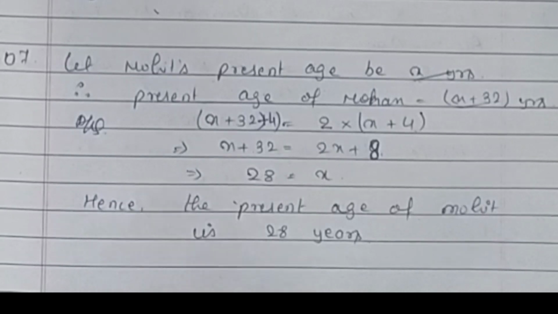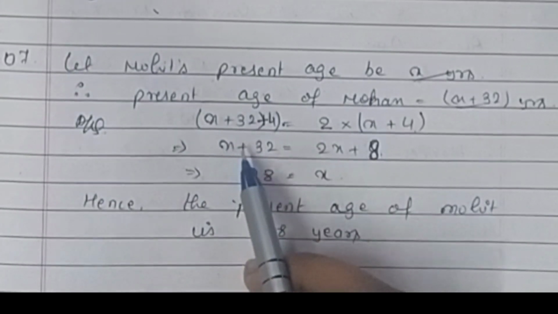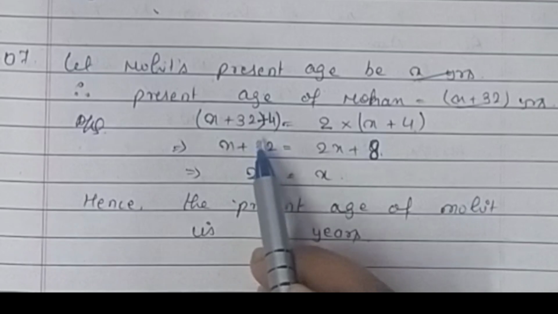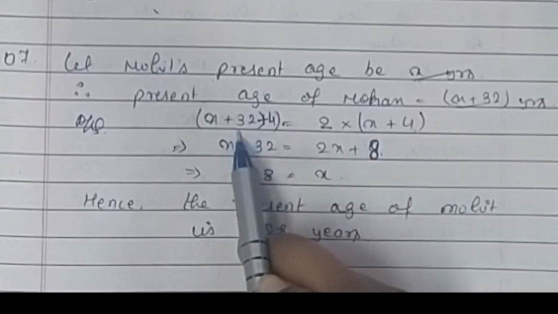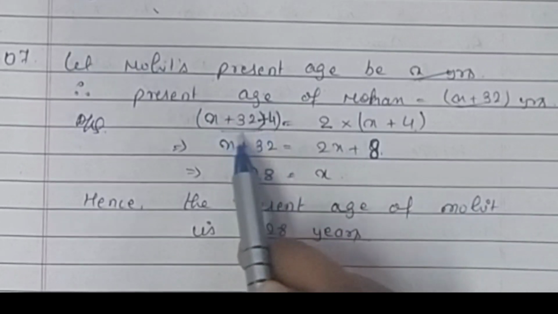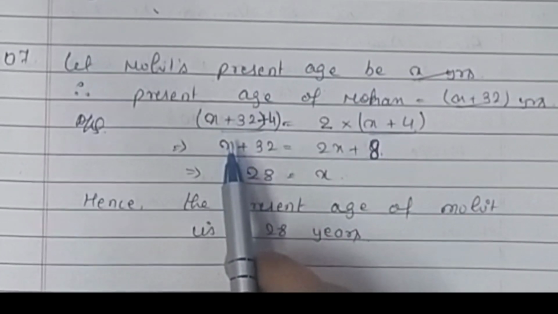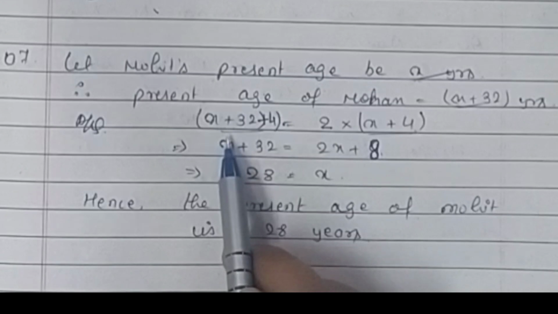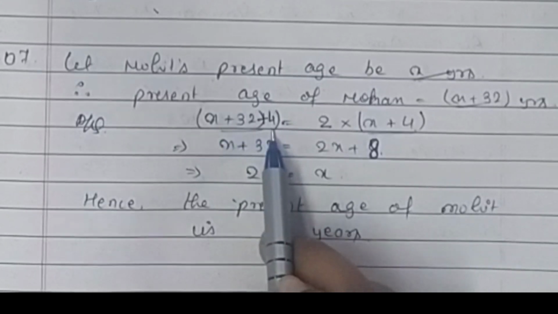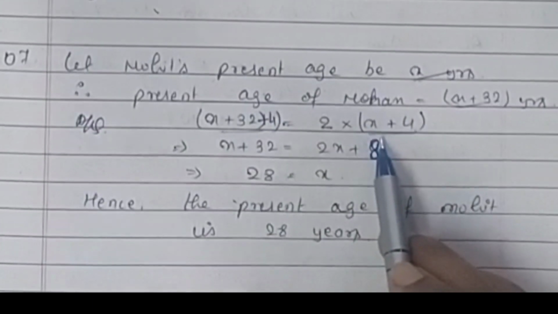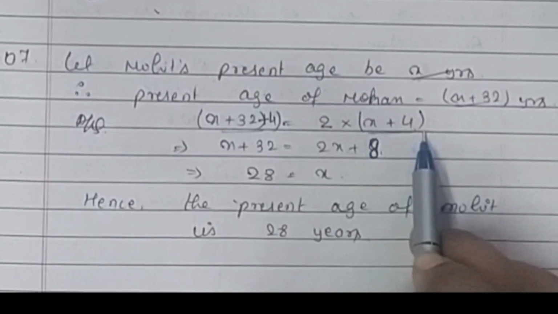So, first of all, we have to add 4 years in the present ages of Mohan and Mohit. After adding, after 4 years, Mohan's age will be x plus 32 plus 4, and Mohit's age will be x plus 4.